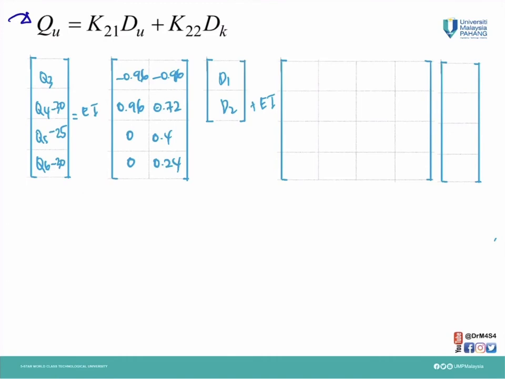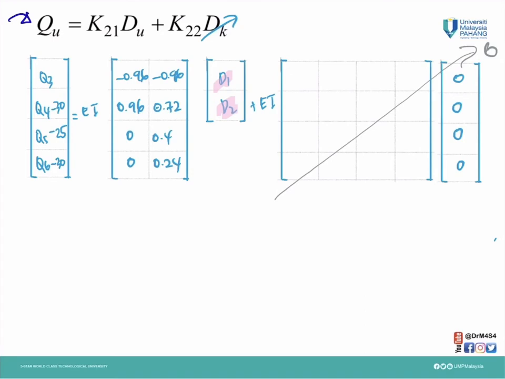And for our d known, it is 0, so here 0, 0, 0. That means we can cancel it out for this one because it's 0. Previously we know our values for d1 and d2. We need to expand this and we will get those forces or moments.